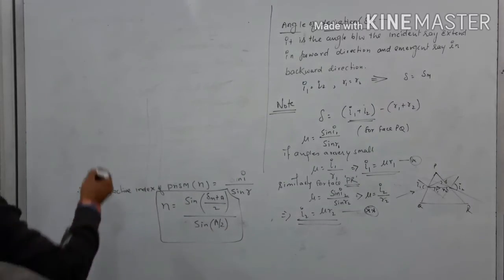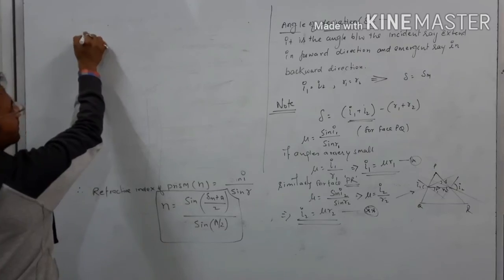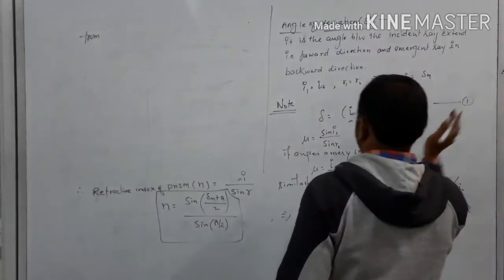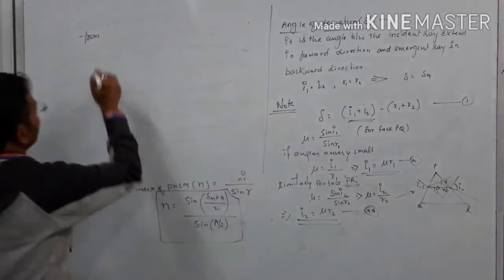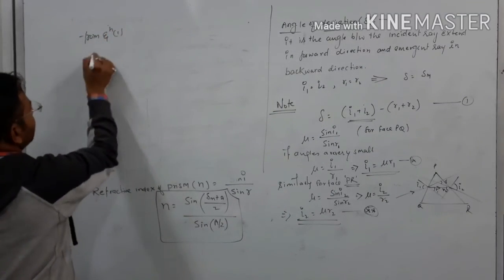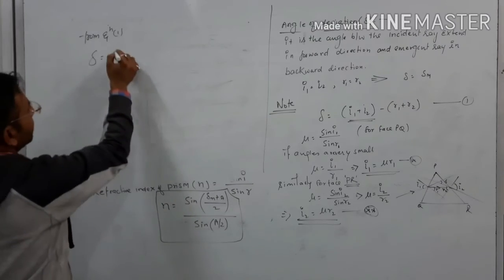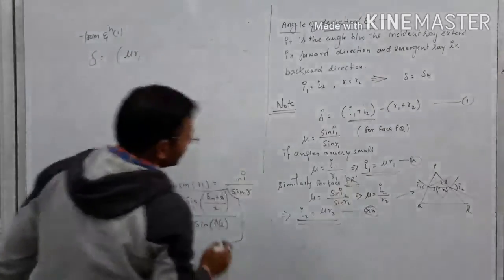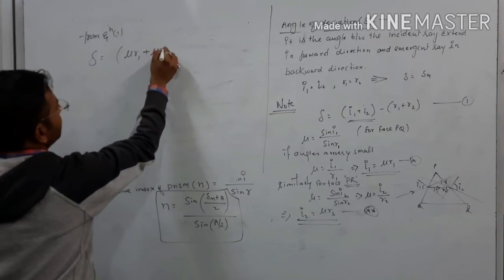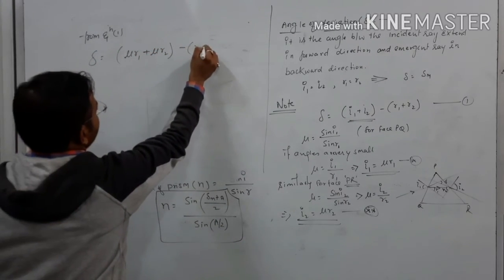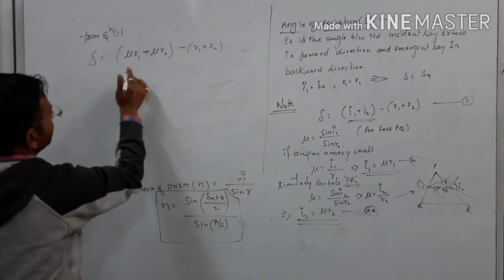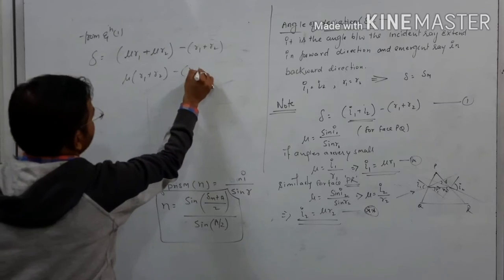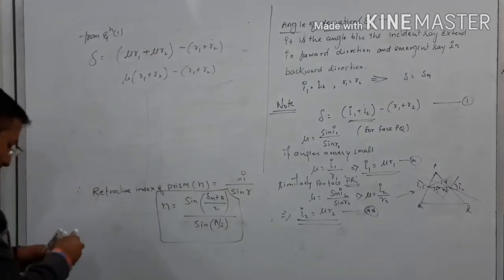Now see here, students, from equation 1, which is equation number 1 on my previous pages, in place of I1 I can write mu R1, and in place of I2 I can write mu R2. So del equals mu R1 plus R2 minus R1 plus R2.